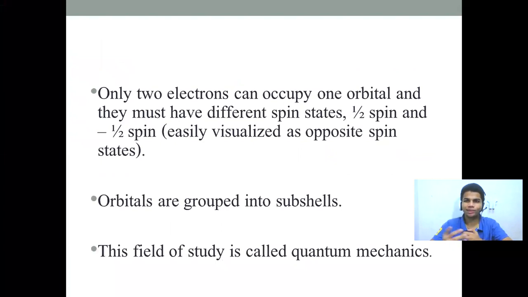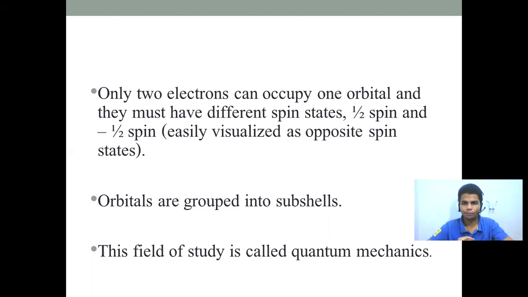Within an orbital, there will be two electrons with opposite spin. If the spin of the first electron is plus half, then the second electron's spin must be minus half. Let us assume there is one room, and in that there will be two friends. In that room, only two persons can occupy because the space of the room is not big enough.